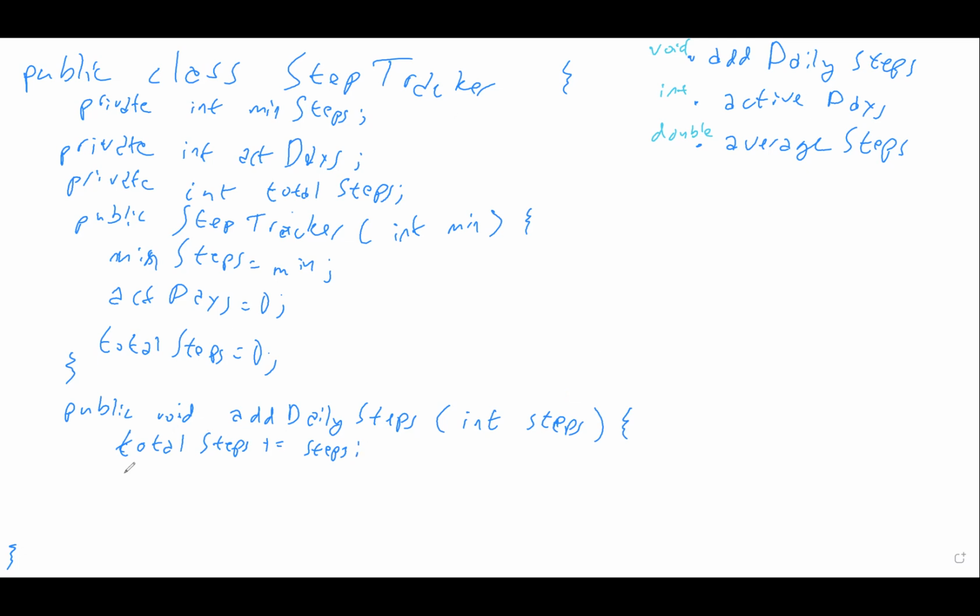Right. So wait, do we check the total steps or just steps? Just the daily steps. Okay. So if today's number of steps met that threshold, we increase our number of active days by 1. So if steps was greater than or equal to min steps, active days plus plus.